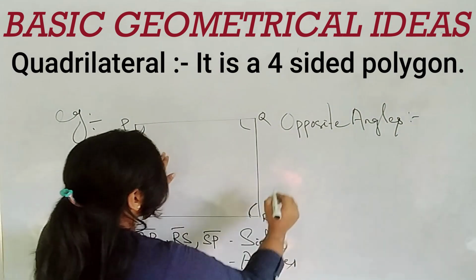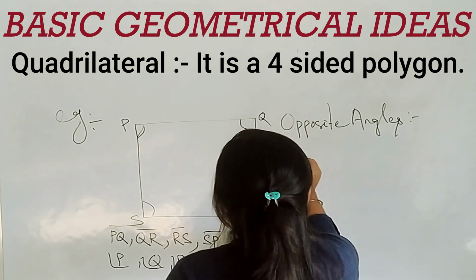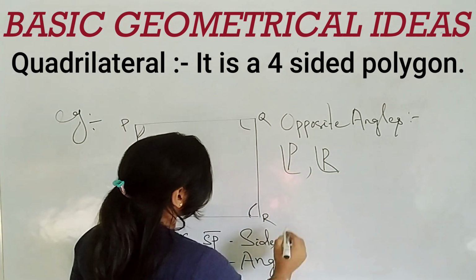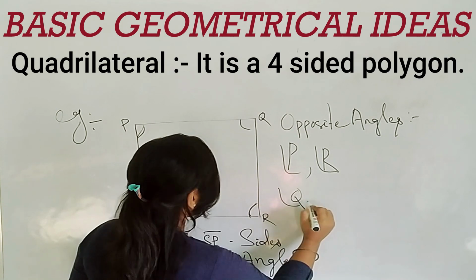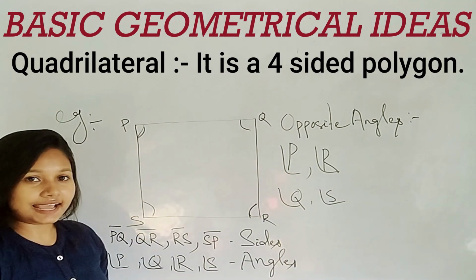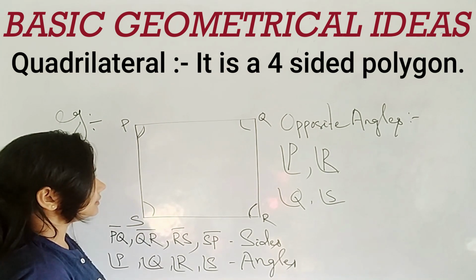Here P and R and Q and S are the pairs of opposite angles, right?